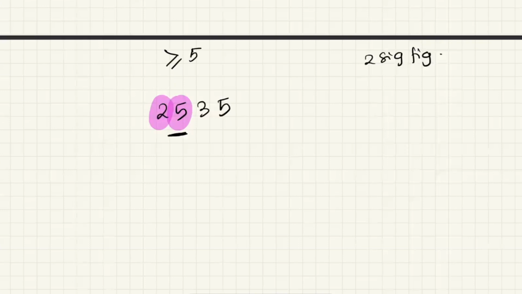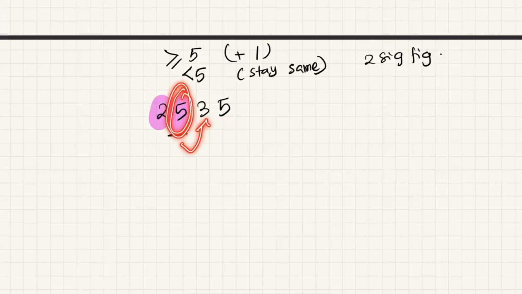But if it is less than 5, then it stays the same. So in this case, you can see the number after 5 is 3, which is less than 5. Because it is less than 5, this 5 is still going to stay the same. So it just becomes 2,500.